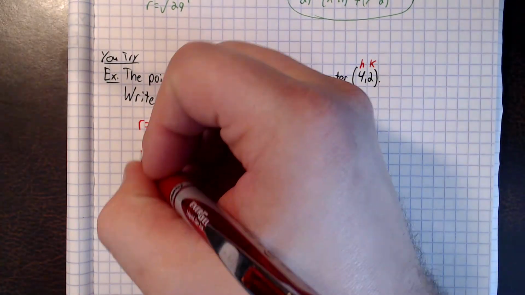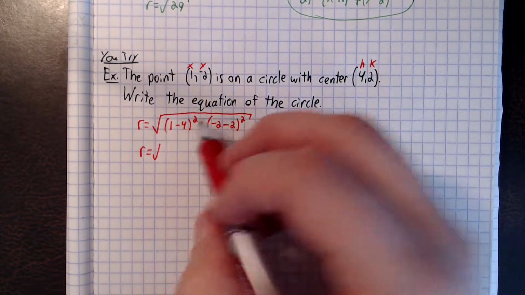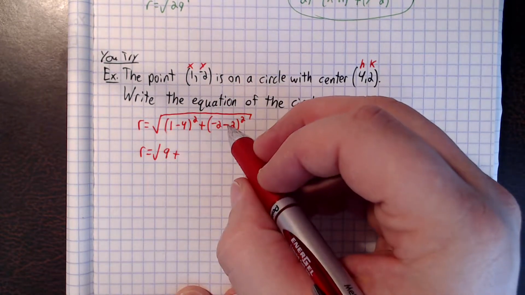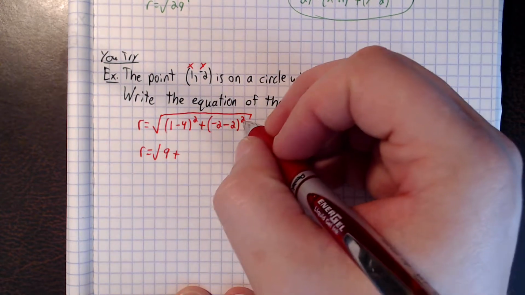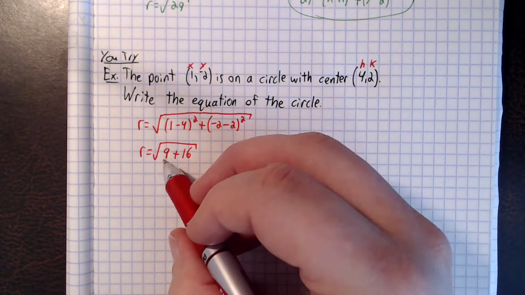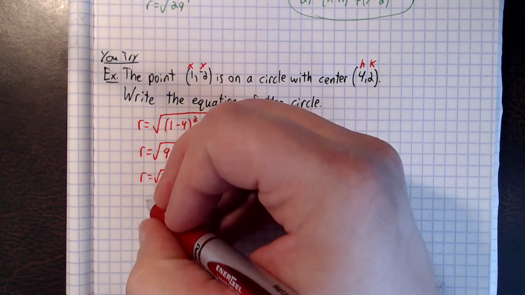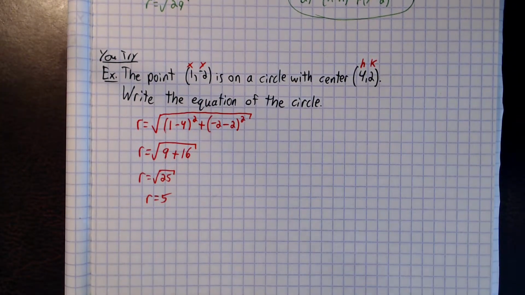Let's see, 1 minus 4 is -3, squared would give us 9. -2 minus 2 is -4, squared is 16. 16 and 9 is 25, and that gives us 5 for our radius.